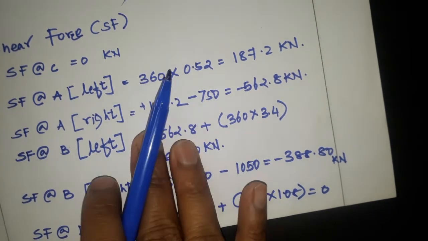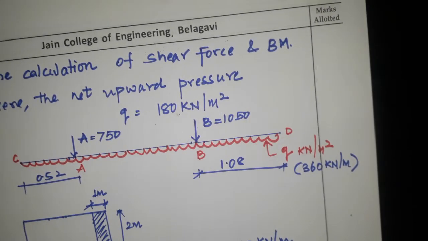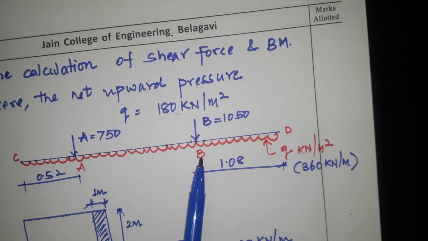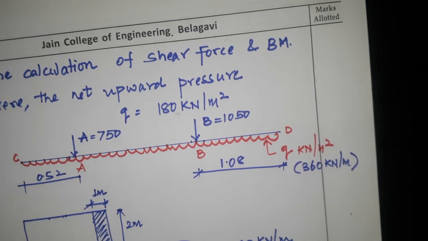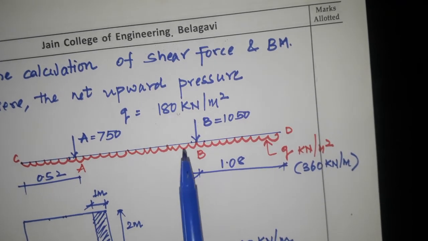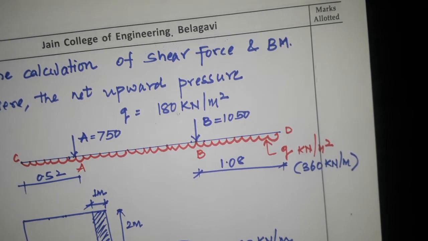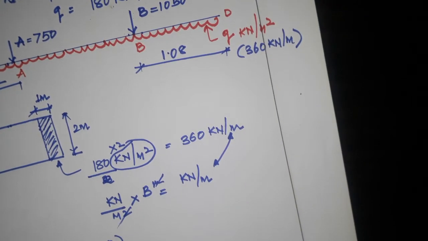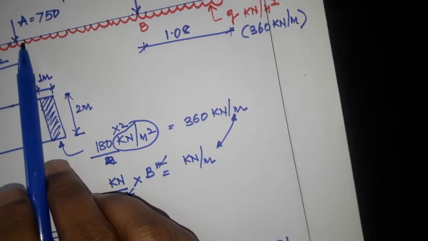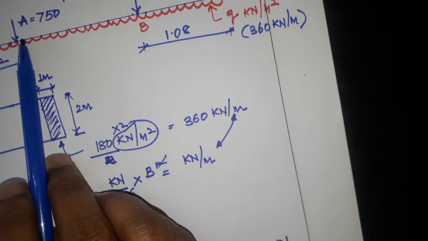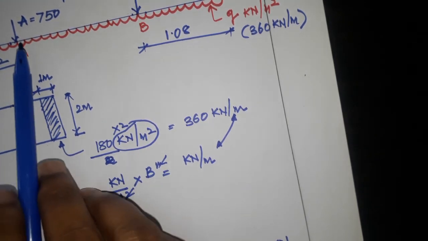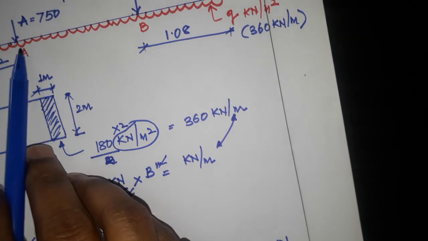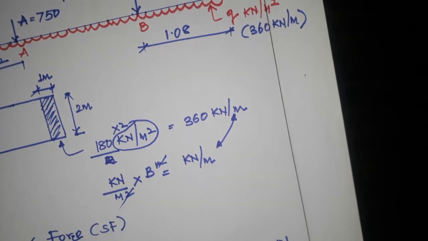Then when you take the shear force at B, we already know the shear force at left of B is 661.2, so we can use the same value, and when you go directly here it is minus 1050.